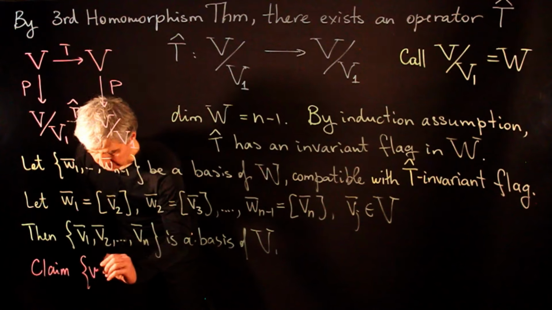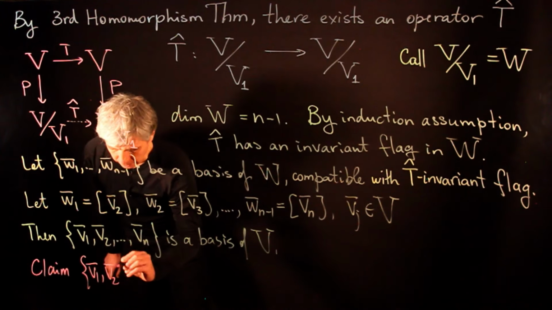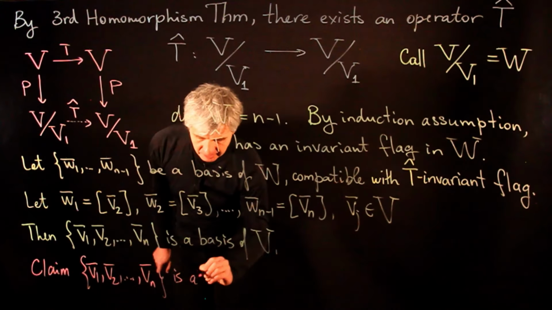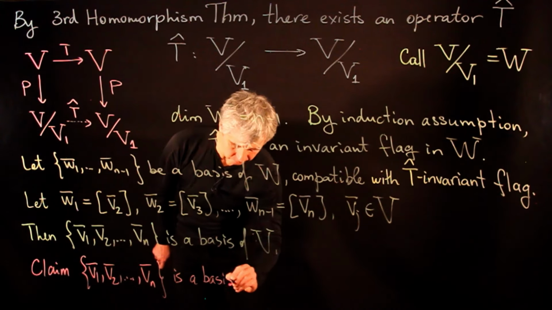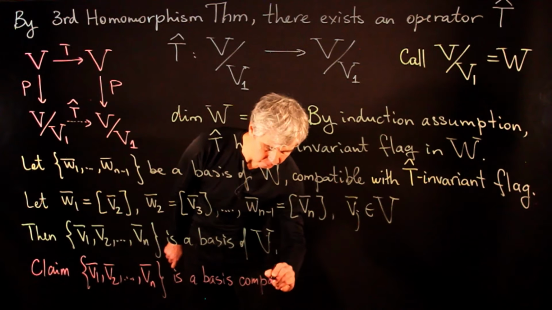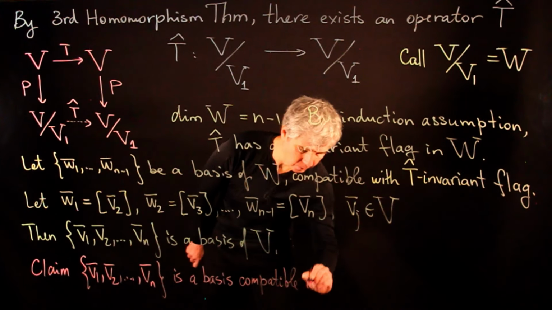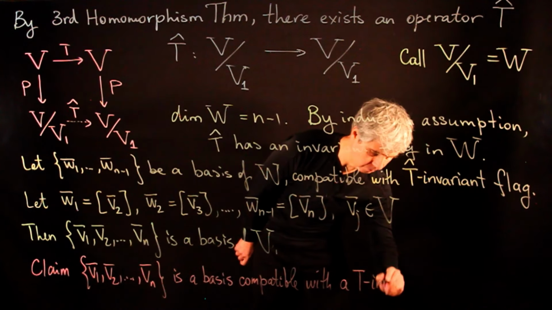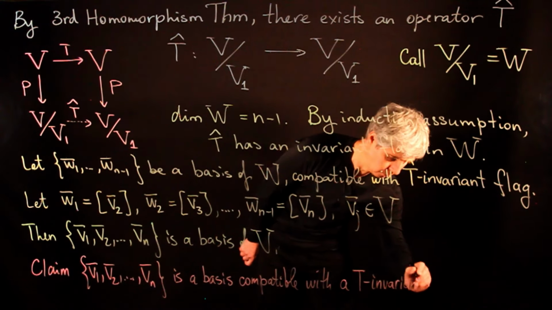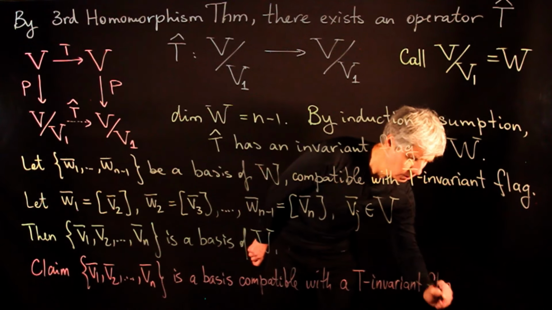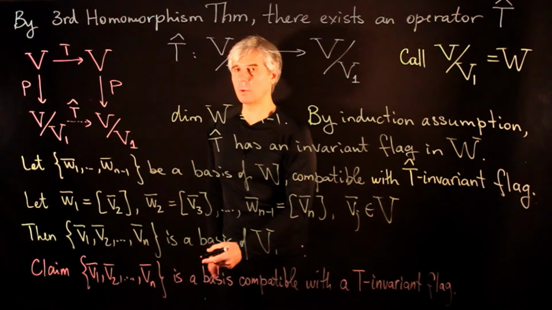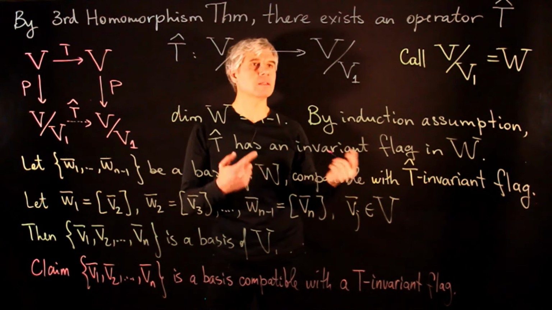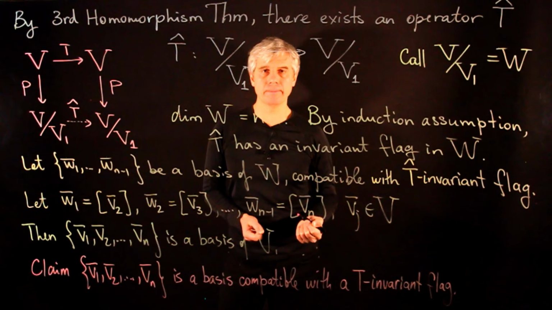Our claim is that this basis, V1, V2 through Vn, is a basis compatible with a T-invariant flag. So this means that this basis will yield now a flag in V, which will be T-invariant, and that's exactly the claim of our theorem.